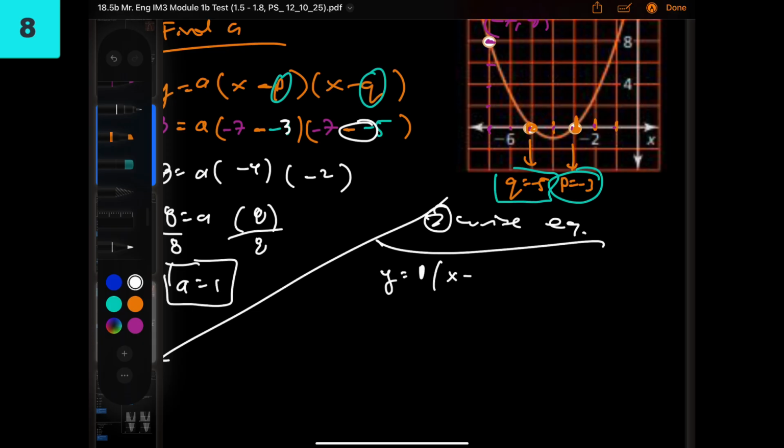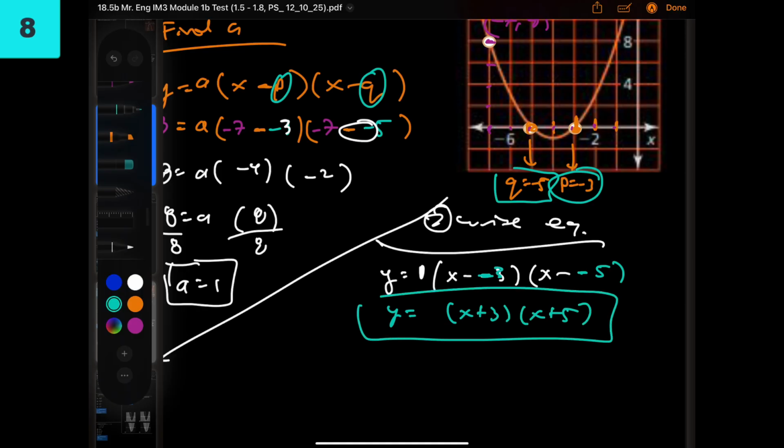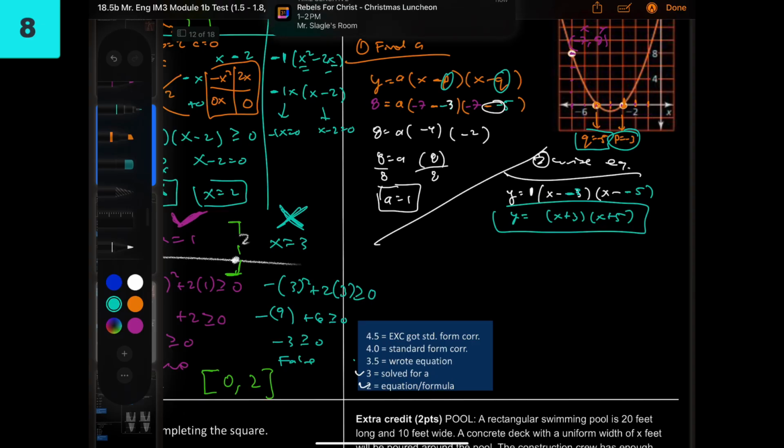My P value is -3. So you notice how I'm writing that? And then your Q value is -5. x plus 3, x plus 5. Okay, so this one would give you the 4 points, if you got the equation there in blue.